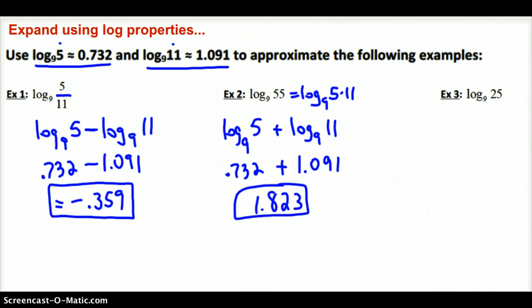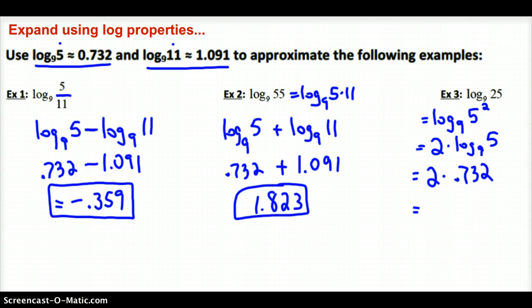Similarly here, I'm going to think of this as 5 times 5, or 5 squared. With our log property in this case, I bring that power out front and rewrite the log without the power. This is 0.732, so I do get 1.464. So these are using log properties, some expanding, and then evaluating.